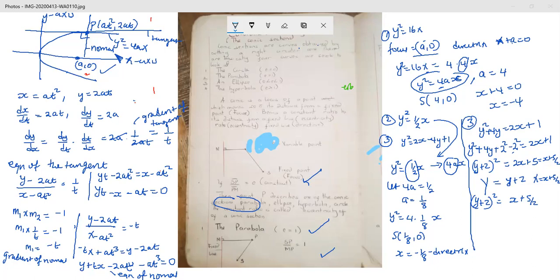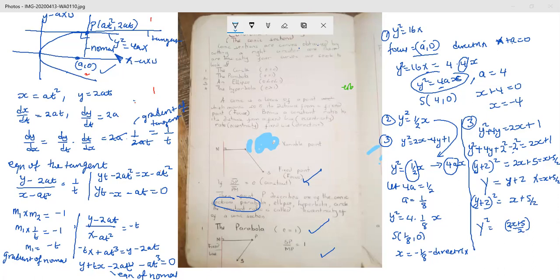If you divide by 2, what is happening? You will have capital Y squared is equal to 2x plus 5. But if you decide to divide this by 2, then what shall we have?